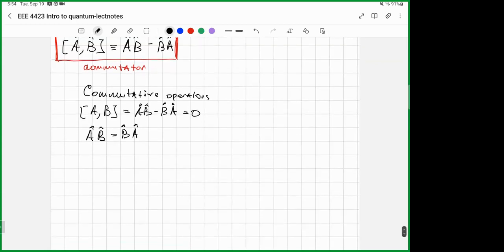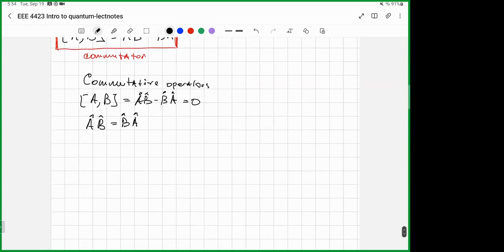Okay, and one example of this would be two coordinates, right? So in the coordinate representation, as we already discussed, the operator of the coordinate is the coordinate itself.